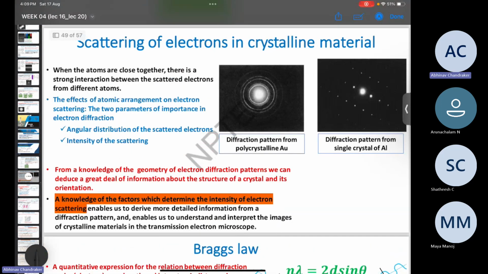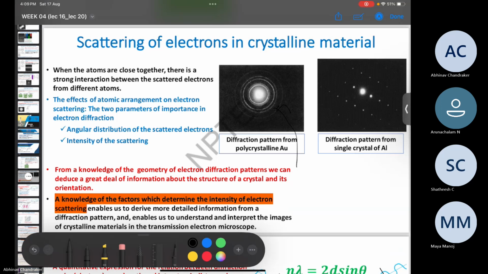But in case of crystalline materials, if it is polycrystalline, we can have rings of this sort. If it's a single crystal, then we can see this kind of an arrangement of the diffraction spots, and each spot basically represents a diffraction plane, a plane from which the electron beams are diffracting.